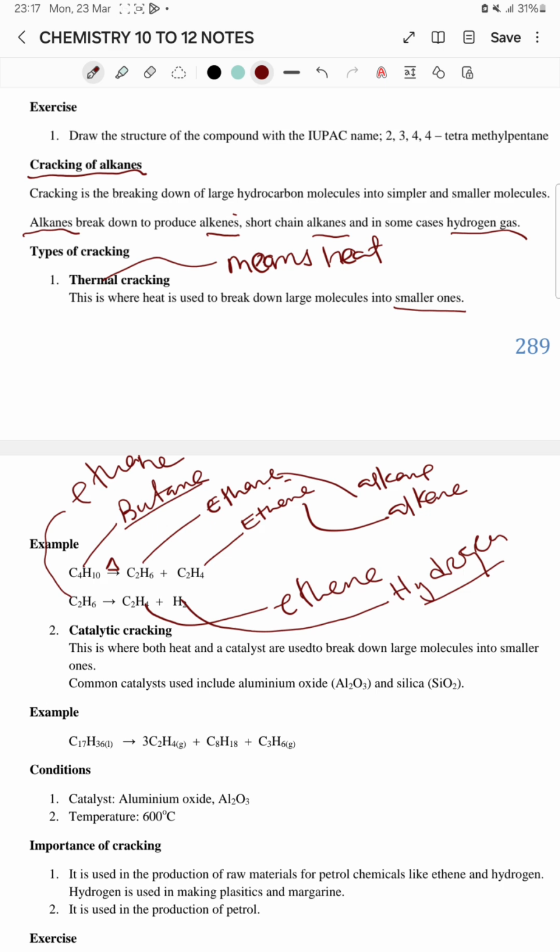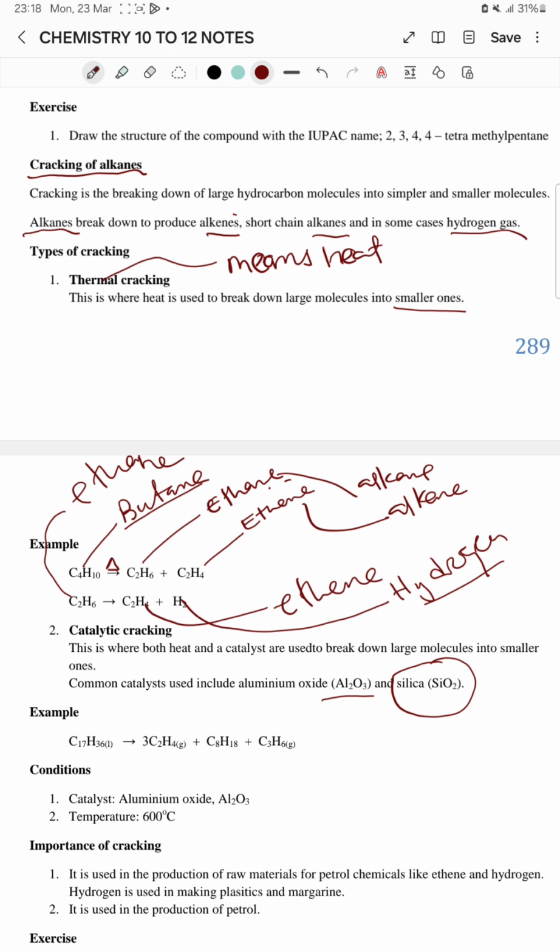Common catalysts used include aluminium oxide and silica. You remember this term when you talk about extraction of metals, silica, we use it to form slag that can be used to make cement, which is of the Dangote.